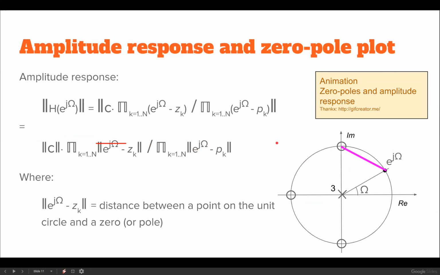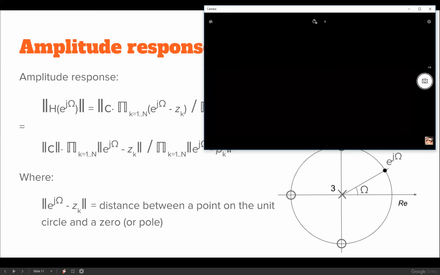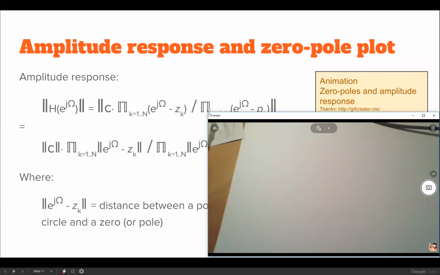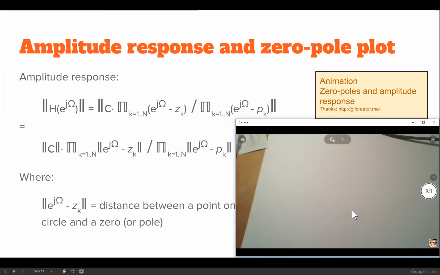So practically, maybe I should actually draw it by hand. There we go. So we have this amplitude response. Oh, the formula is also going a bit funny. Okay, it must be something to do with the aspect ratio of this screen.